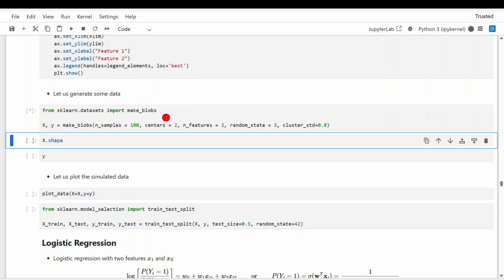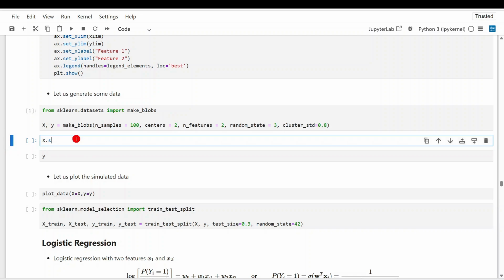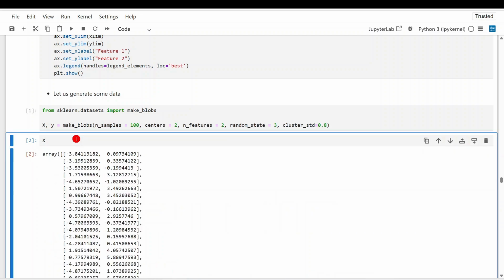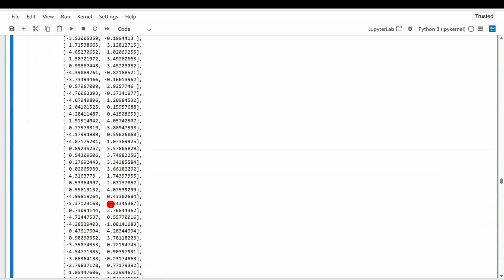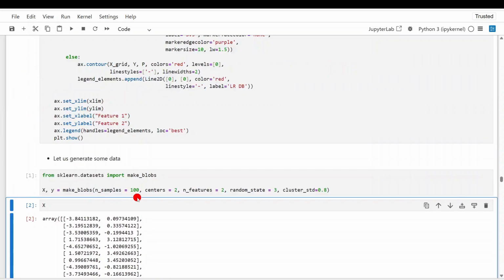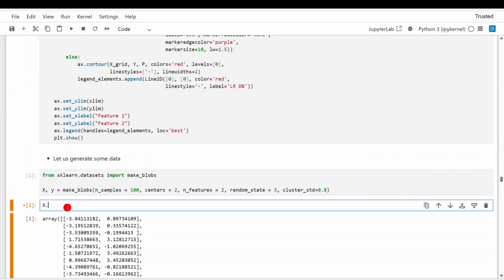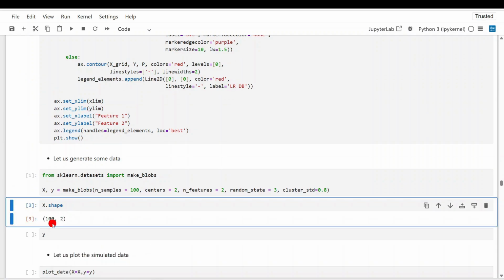Now the data is generated. Here we can see X has two features. We have generated 100 observations, or I can check X.shape: 100 observations, or examples, and 2 features.